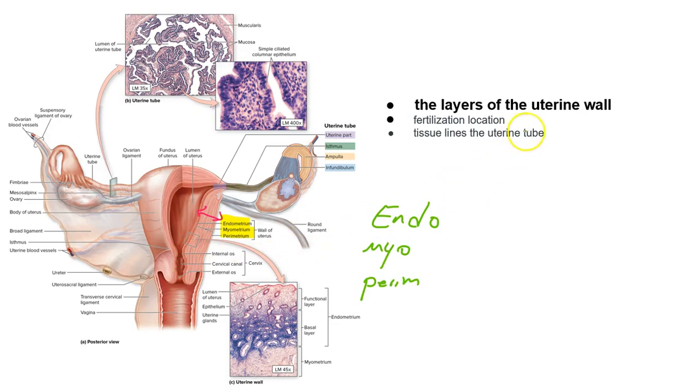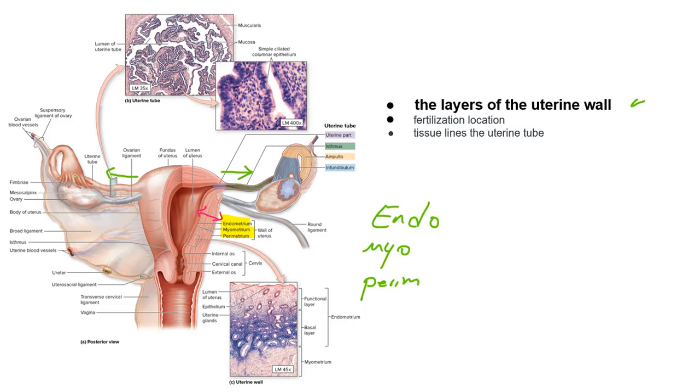Okay, so then you should know about the uterine tube, or oviduct, or fallopian tube. The uterine tube is coming from the uterus, so we have a pair of these uterine tubes, and they go very close to the ovary. There is no physical attachment between the ovary and uterine tube.